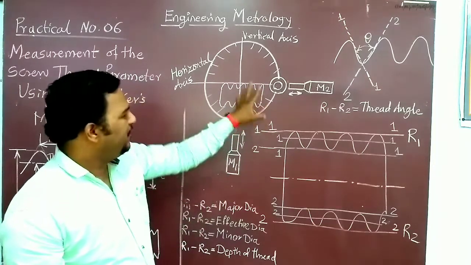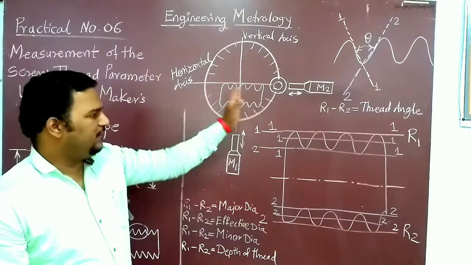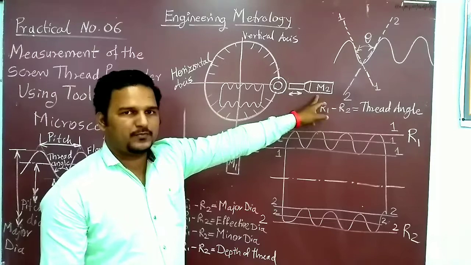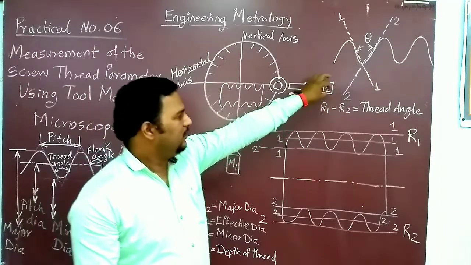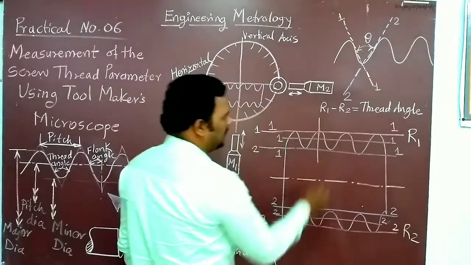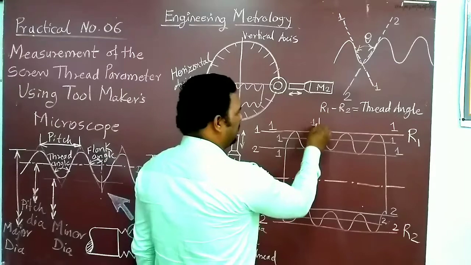Now for the pitch, we need to move this along the horizontal axis. This shadow we need to move along the horizontal axis. So that we require M2 in the picture. So we move this M2, align this vertical axis to the crest of one of the threads, that is 1, 1.